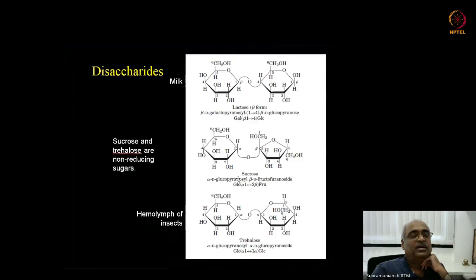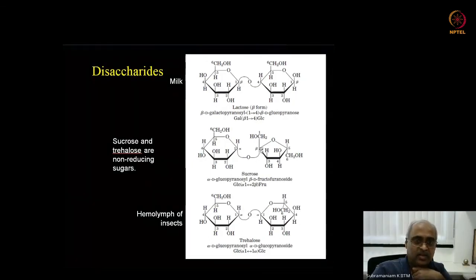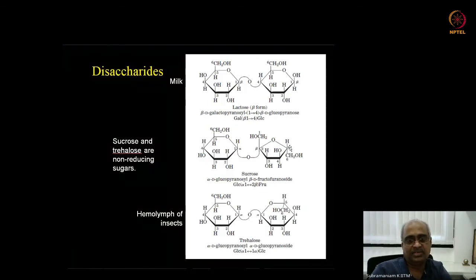Okay. Sucrose, on the other hand, has an anomeric carbon and another anomeric carbon. So here we have inverted the structure. The fifth carbon is here, and the first carbon, the anomeric carbon of fructose, is here.